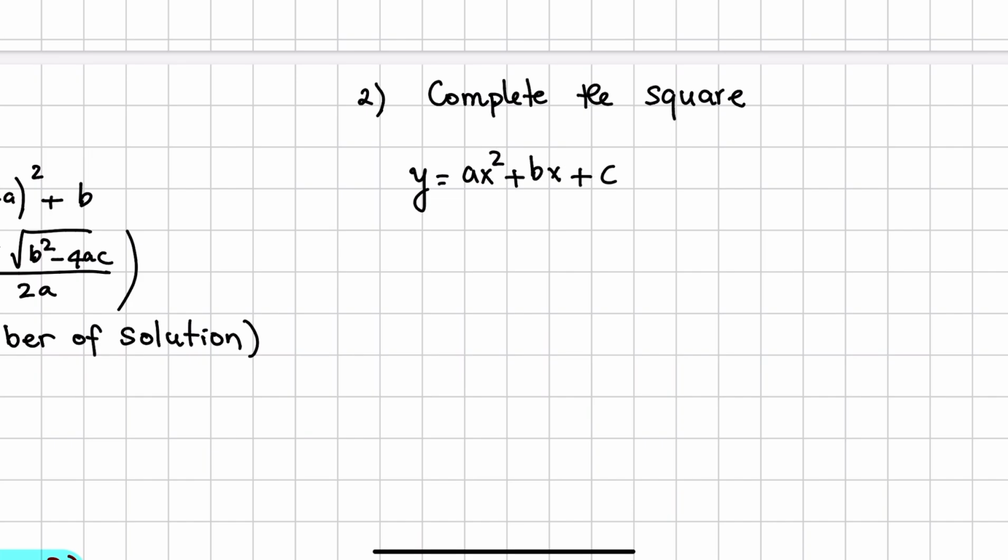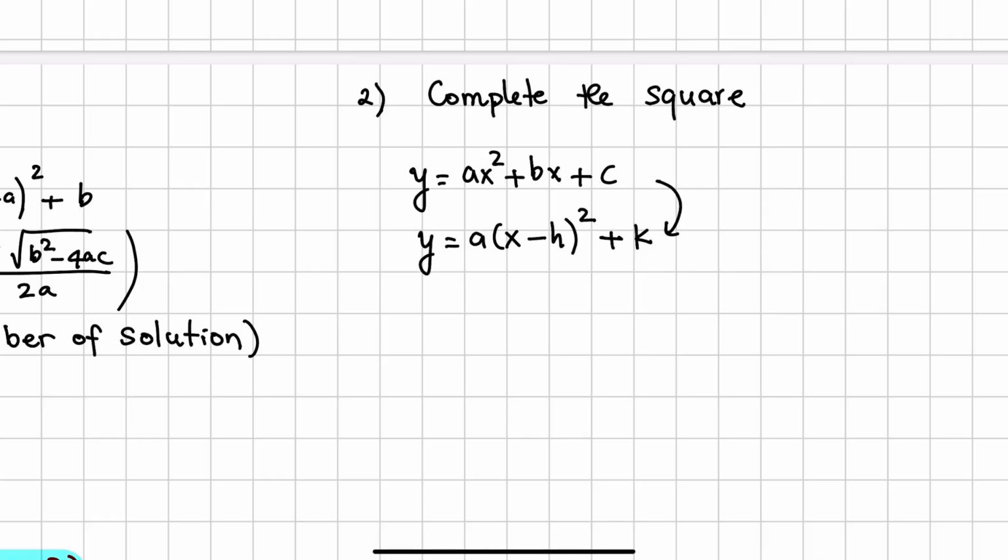But there's another form called vertex form, y equal a(x minus h) squared plus k, which requires us to apply completed square in order to make it vertex form.